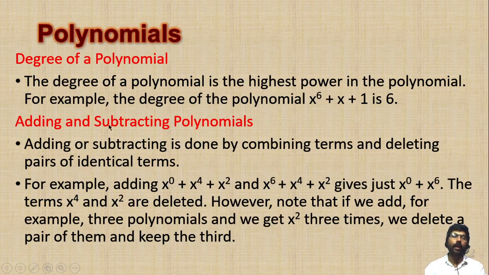That is the answer for this adding and subtracting. If we are adding three different polynomials, then sometimes we get the same term, x raised to 4 or x raised to 2, 3 times. Then we delete the first two terms and keep the third term in the result.